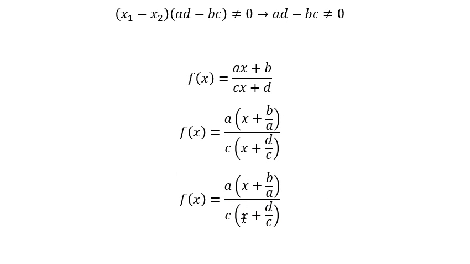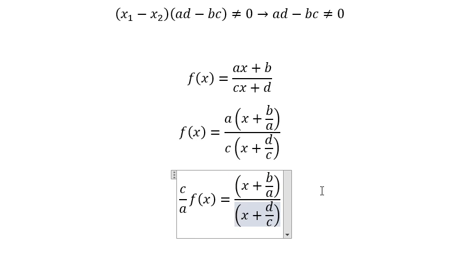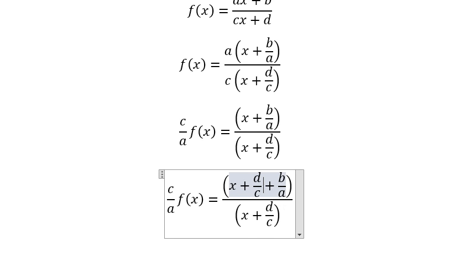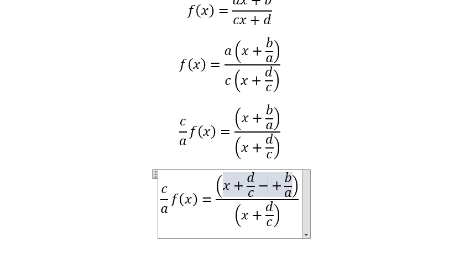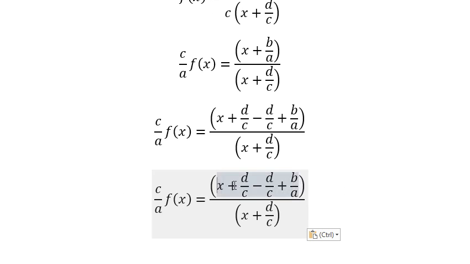Now I will put c and a to the left. Next, we need to add d over c. That means we need to minus d over c. So this one divided by this one, we have number 1.